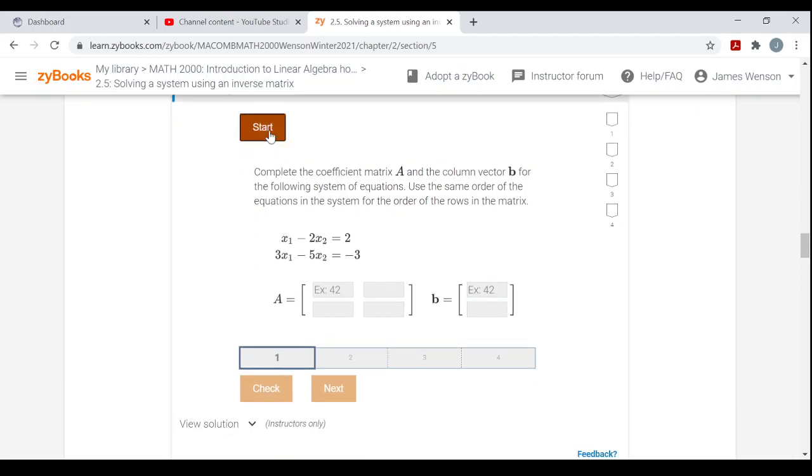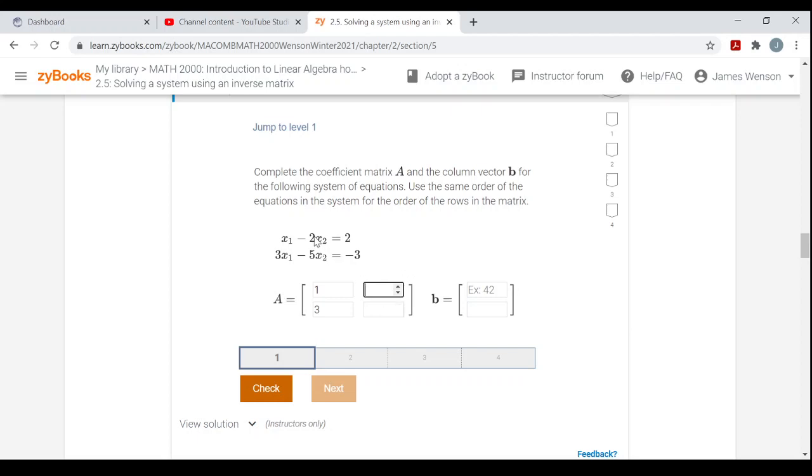Now, if I hit start here, it looks like this first one is pretty simple. Doesn't look like I have to solve anything. It's just complete the coefficient matrix A and the column vector B for the following system of equations. So down the first column, the coefficients of x1, so 1 and 3.